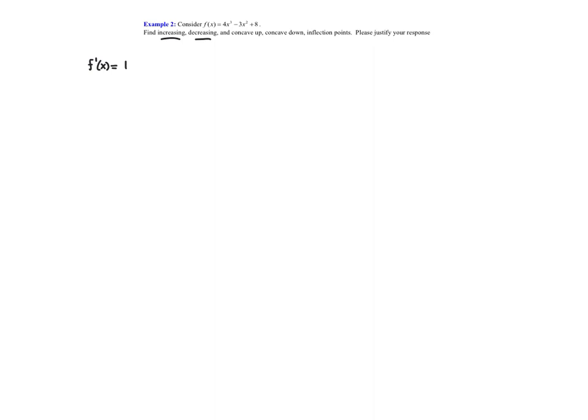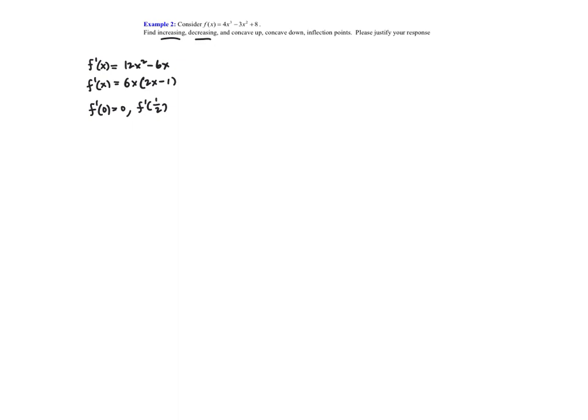So f prime will be 12x squared minus 6x. I'm going to determine where f prime is equal to 0 by first factoring. Pull out a 6x, leave in a 2x minus 1. It looks like f prime at 0 equals 0, and f prime at 1/2 equals 0. So I've got critical values at x equals 0 and 1/2.